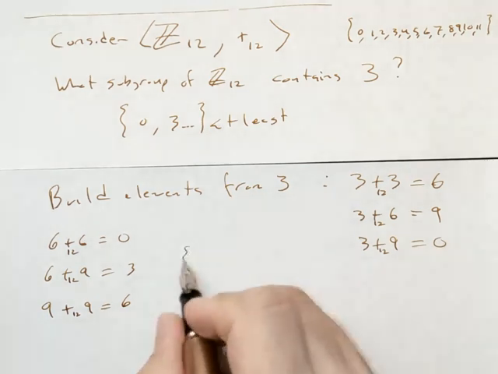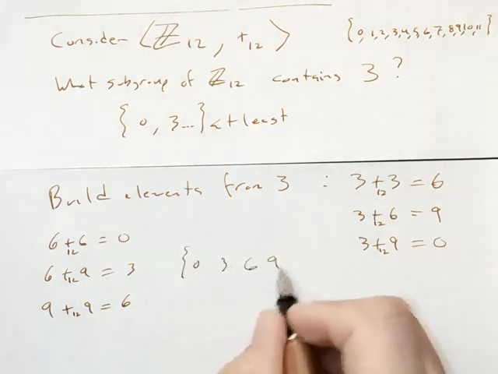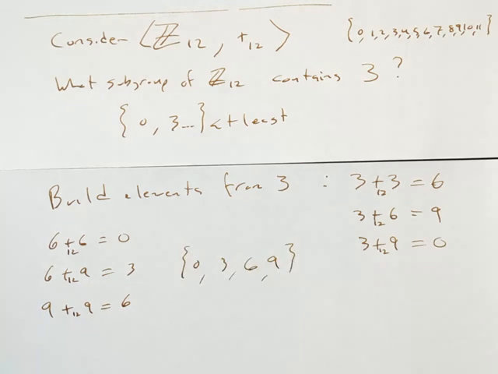I think if I have 0, 3, 6, and 9, that stays. Add 0 to any of those, something in there. You add 3 to something in there. You add 6. You add there. That's closed.